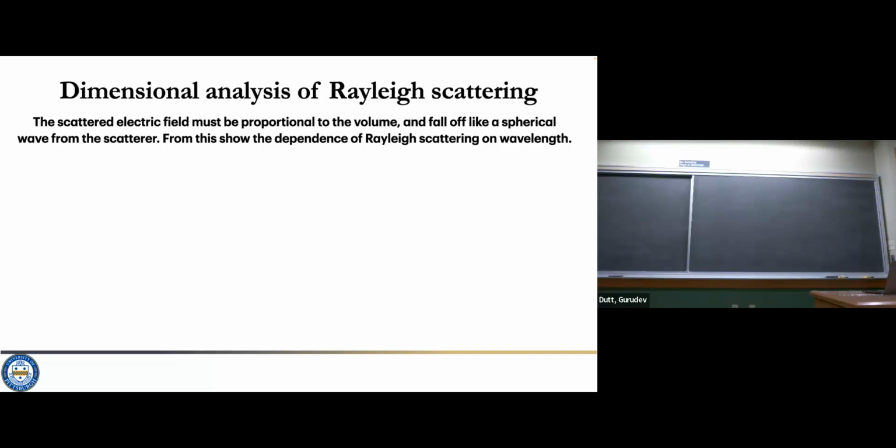One, the scattered light must be proportional to V, the volume. And if I call this R the distance from the scattering object, then we know what that dependence looks like: it's a spherical wave. Given these two facts, what can I say about the relationship between ES and EI?